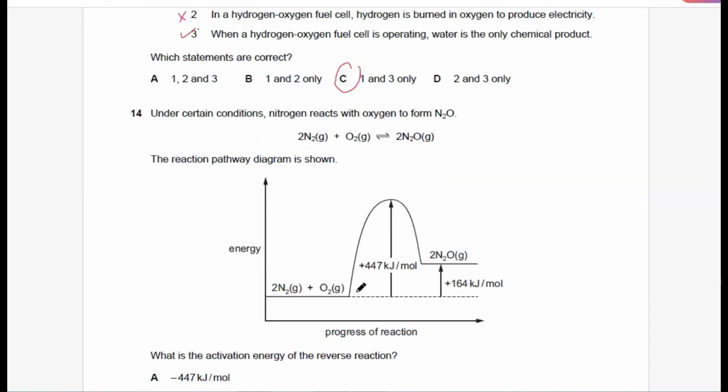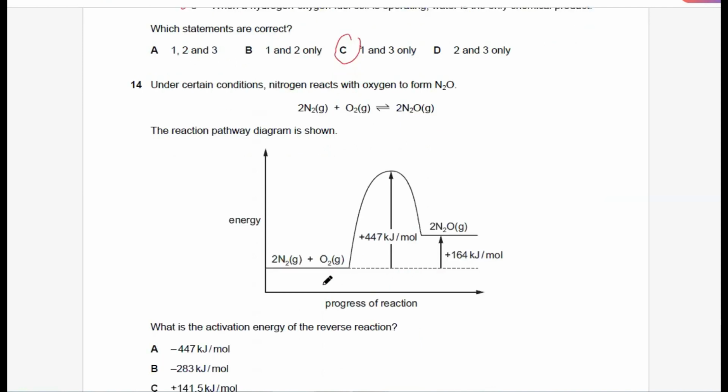Question number 14: under certain conditions, nitrogen reacts with oxygen to form N2O. The reaction pathway diagram is shown. What is the activation energy for the reverse reaction? Now just see, the activation energy shown is basically for the forward reaction. If we talk about the reverse reaction, then this one will be your reactant and this one will be your product.